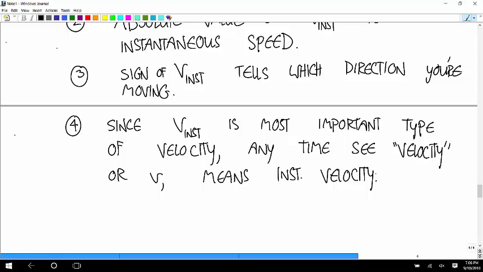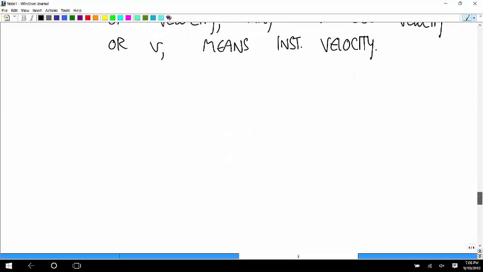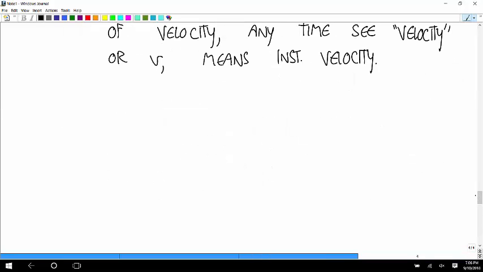Okay, so if we're talking about instantaneous velocity, we know how to calculate the instantaneous speed. You just chop the sign off, whatever it is, and take the absolute value. But there's one other thing that comes up in the problems that are assigned.